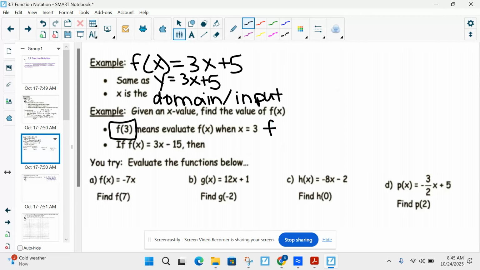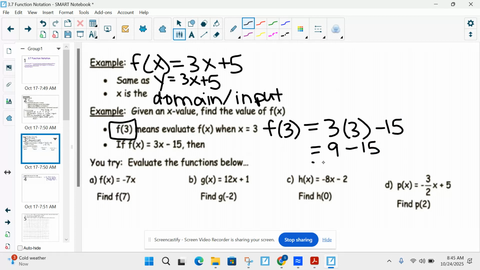So f of 3 means, actually, I guess we're using this equation here, 3x minus 15. So f of 3 means 3 times 3 minus 15. And so let's simplify that. 9 minus 15 is negative 6. So that means f of 3 equals -6.